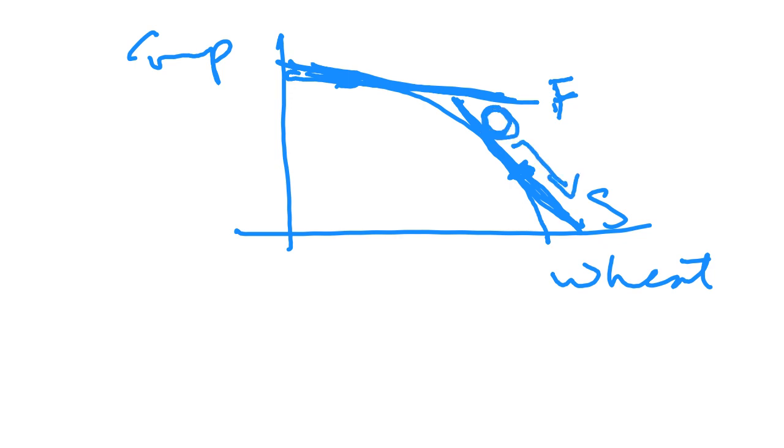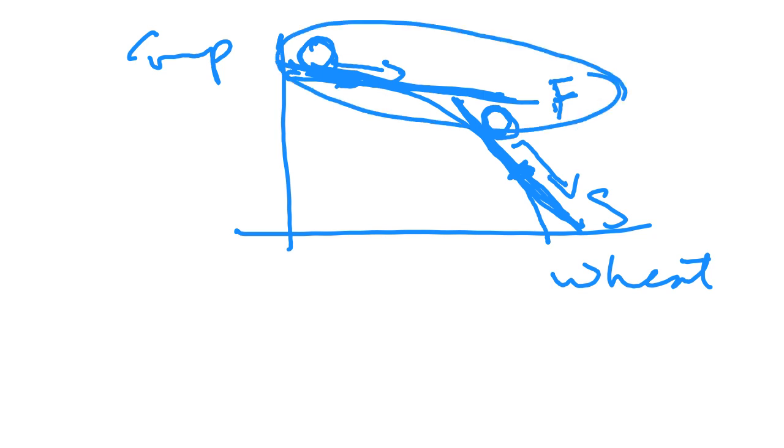So this line has lower slope, this line has higher slope. So slope is increasing as you move in this direction. That is why we say that if the curve is bowed outward, it has increasing opportunity cost. And why is opportunity cost increasing? Simply because factors of production are non-substitutable.